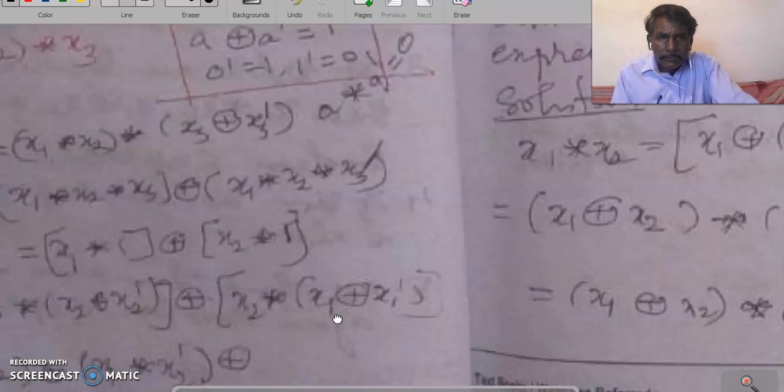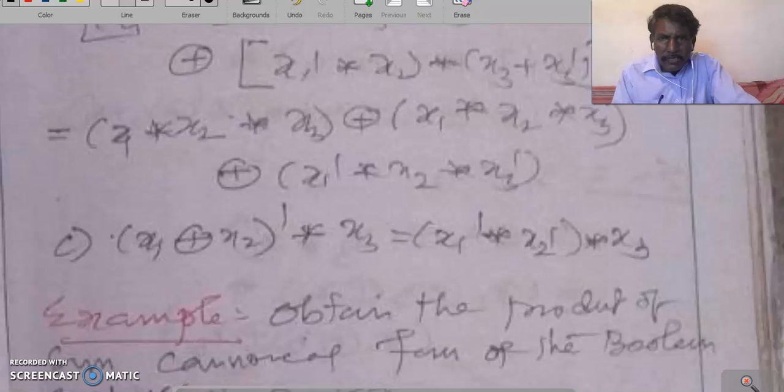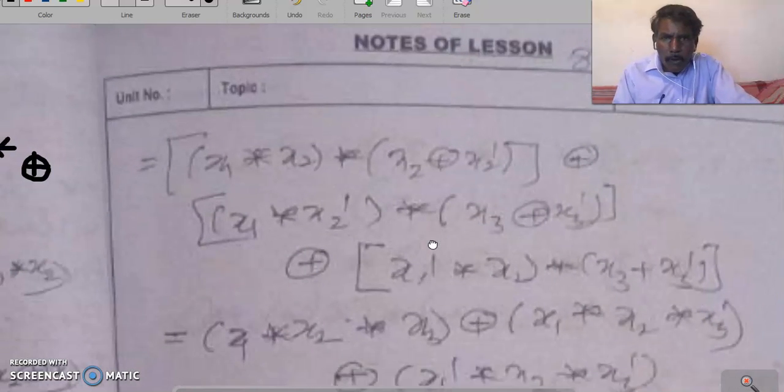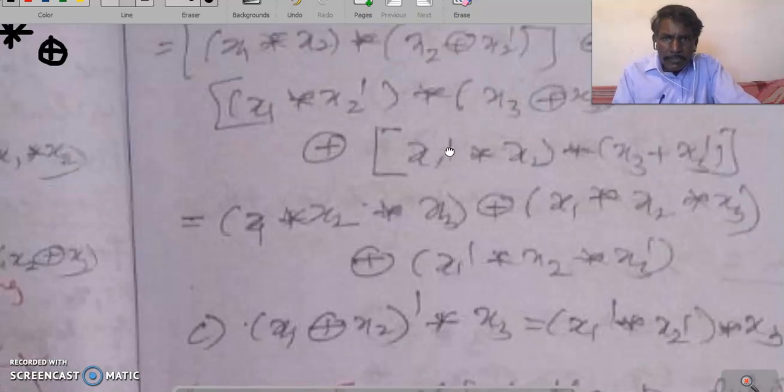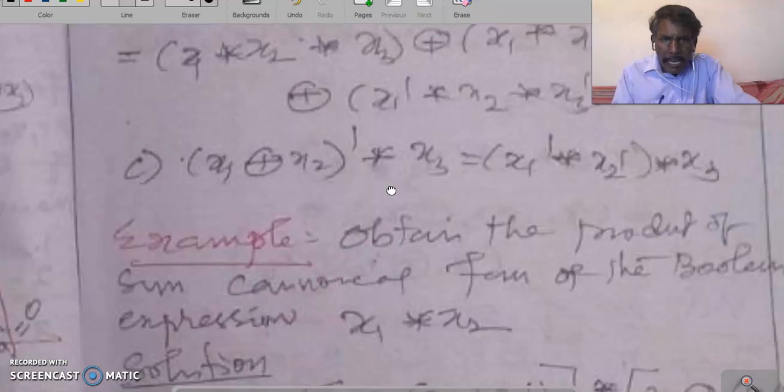This way of writing is called Boolean forms. Now let us take other pages, and we will be taking one more problem, and it will go on like that.